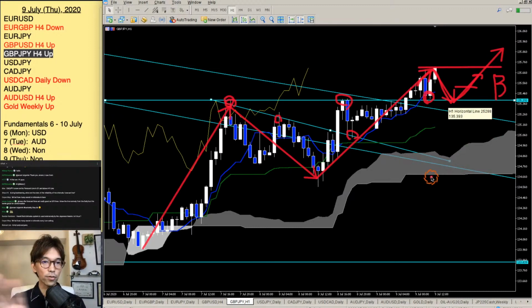Along with these forecast lines, I look at the chart in smaller time frames like this and draw these lines and look at the candlestick patterns, and I look for the buy chance still. I think this is a great example to show you how you can combine these forecast lines and look for the entry chance by smaller time frames.